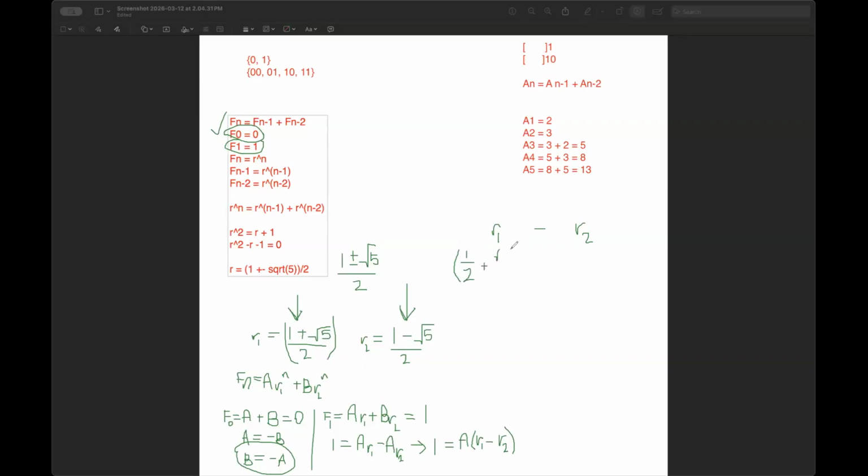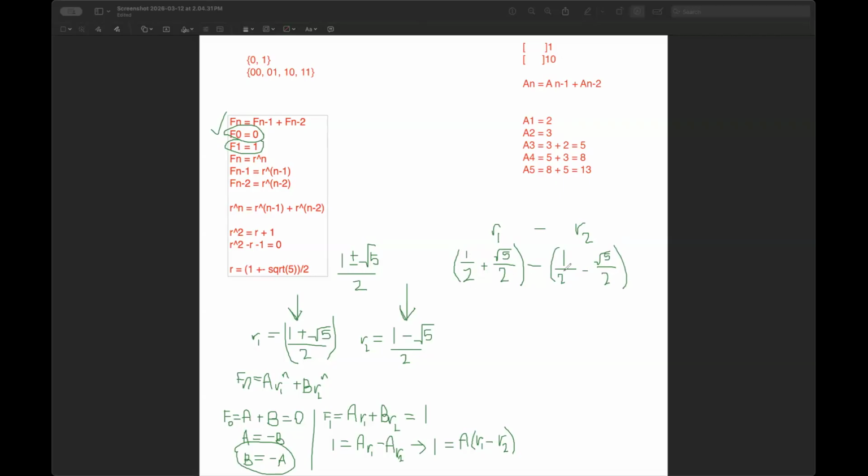They share a denominator, so I can split them up this way. There's no problem there. And I'm going to say all of that minus r sub 2, you can see over here, is 1 over 2 minus root 5 over 2. Everything make sense so far?